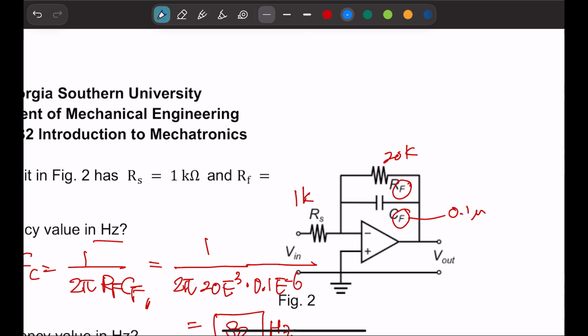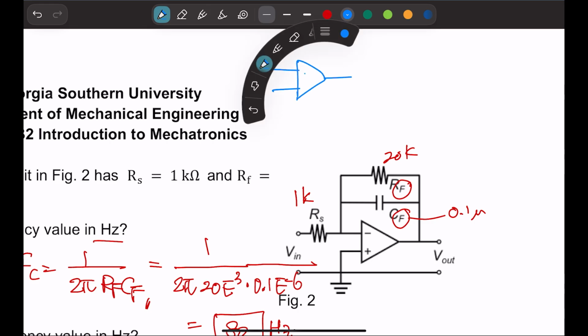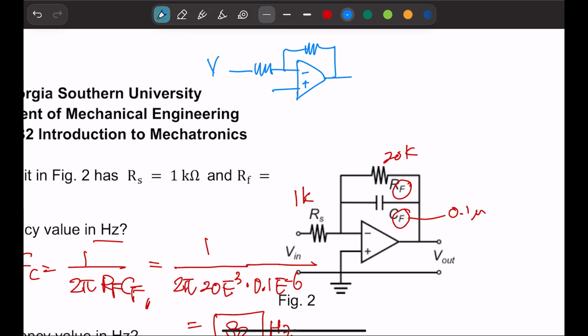So we have a circuit like this, and we have VN going in like that. This is an inverting amplifier, right? And every time the story starts from here. From here, if you replace this with a capacitor, then it becomes an integrator.